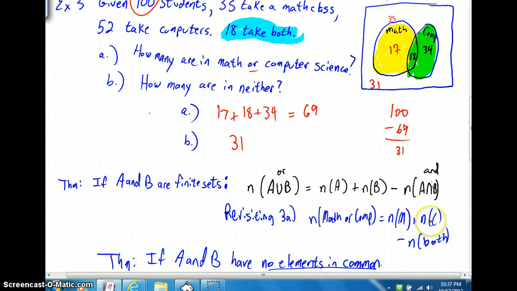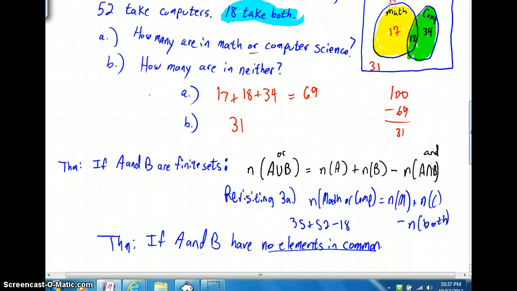And think about it. We'd have 35 plus 52, and then we'd minus 18. And if you work that out, you're going to find that you would get 69. So hopefully that's a nice alternate way to do it.